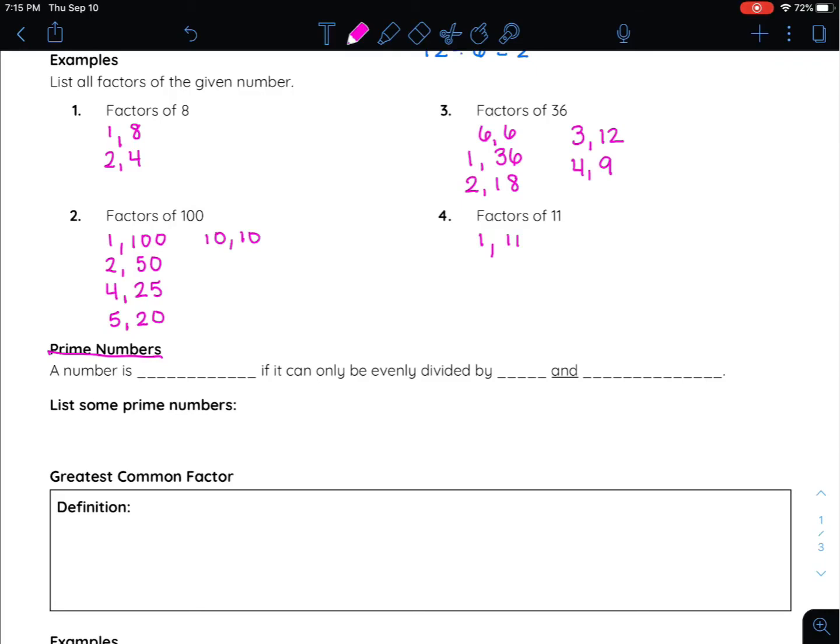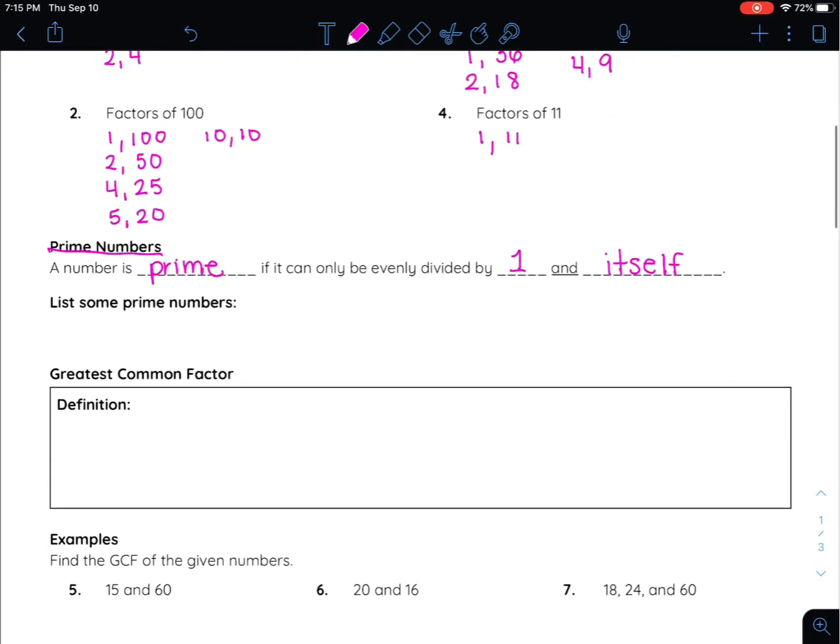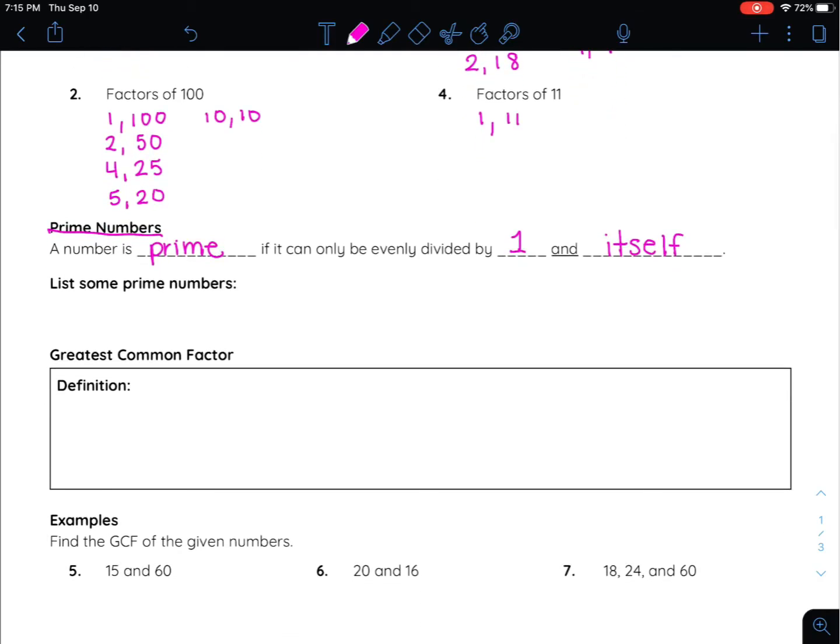So we say that a number is prime if it can only be evenly divided by 1 and itself. So let's list some other prime numbers. There's a bunch of options here.